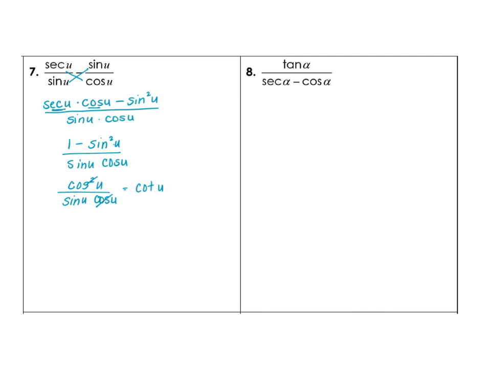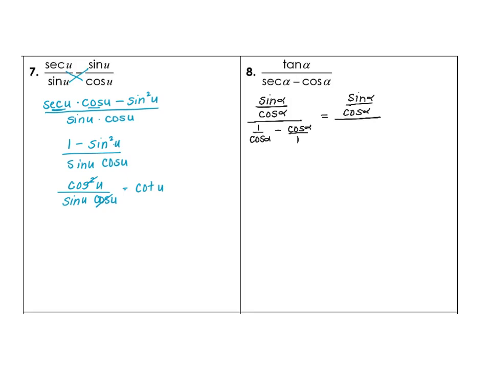So I'm going to change tangent to sine alpha over cosine alpha. And that's all over, secant is 1 over cosine alpha, and just minus cosine alpha, and I'm going to put that over 1 so we can get a common denominator. So I'm just going to bring over the numerator. We're not ready to incorporate that so much yet.